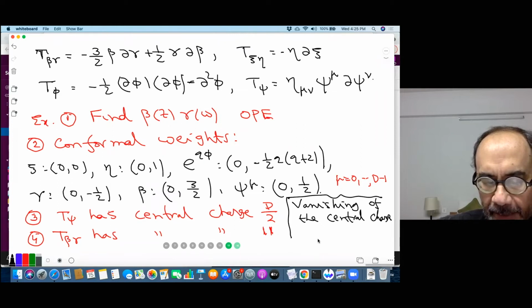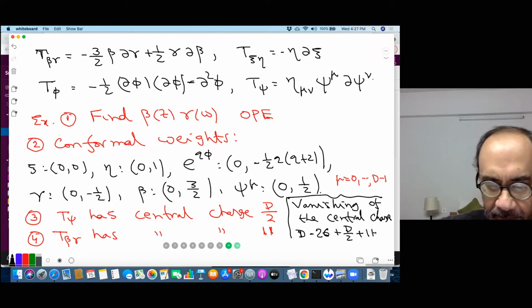First, let me get the bosonic ones correct. D from the x mu's, and then minus 26 from the bc ghosts. Those are already there. Now you have to add up the extra ones, so plus D by 2 plus 11. This should be 0. And you can easily check that this implies that D is 10.